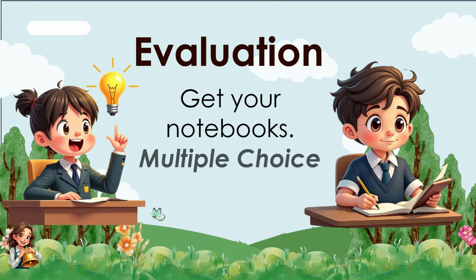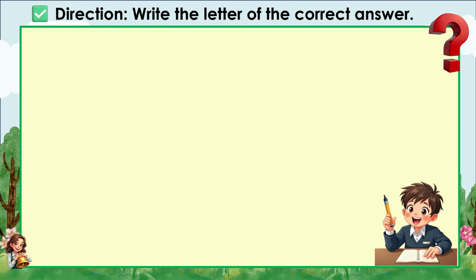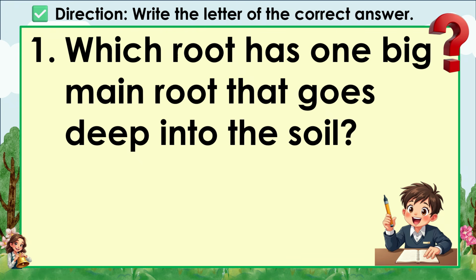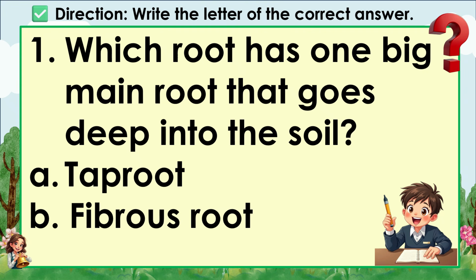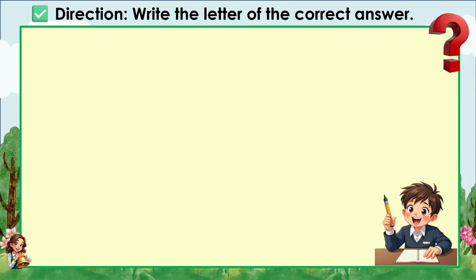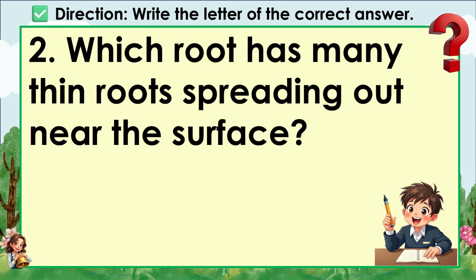Evaluation. Get your notebooks, multiple choice. Direction. Write the letter of the correct answer. 1. Which root has one big main root that goes deep into the soil? A. Taproot. B. Fibrous root. 2.